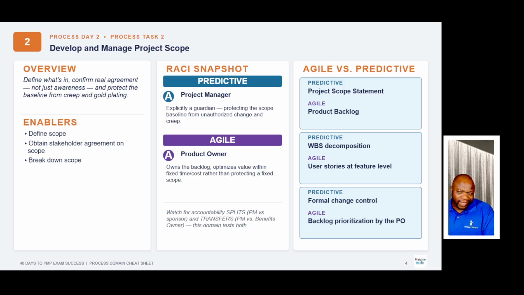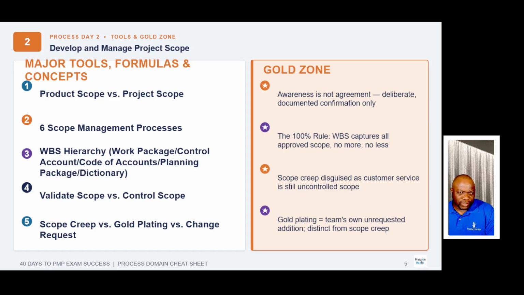In the world of Agile, we have PBIs. So you got to understand the hierarchy of product, epic, feature, story, and task. These you cannot compromise. Make sure you know the product owner's role very well and the project manager's role real well. Remember that you need to get agreement on scope from your stakeholder.